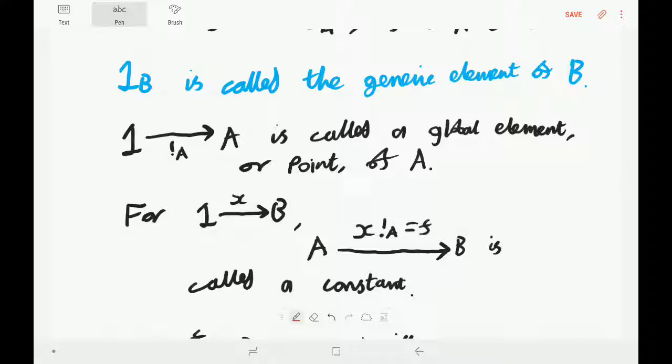Because it doesn't really depend on what we do before it, because it goes to this terminal object, the data's lost, and then we reselect this x to work from, okay?